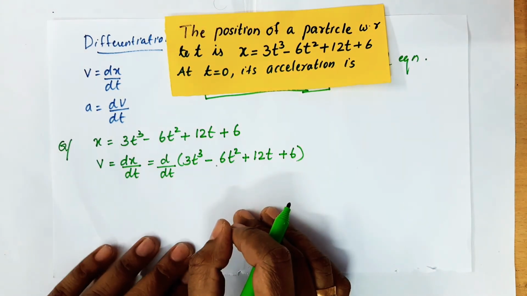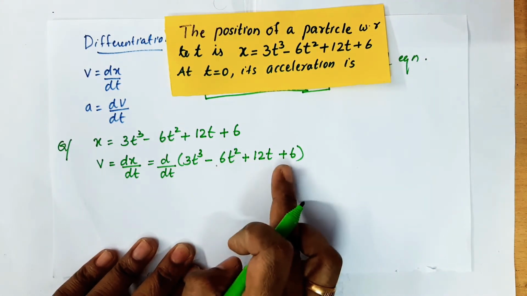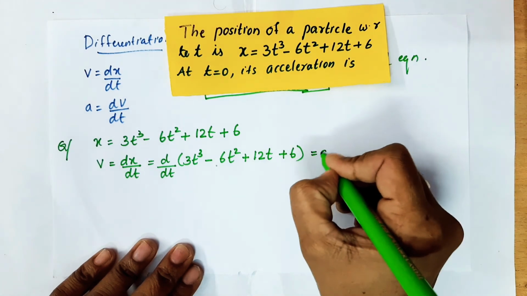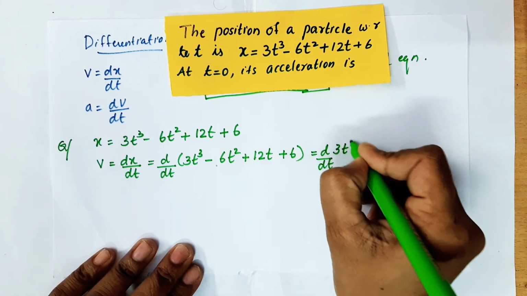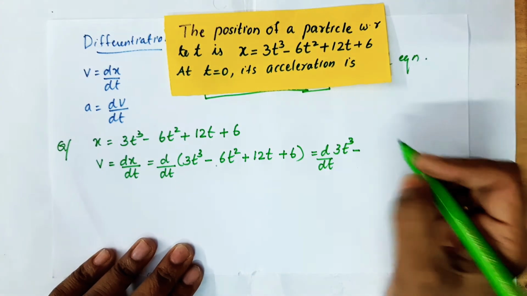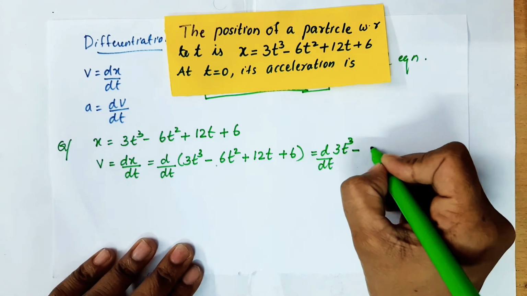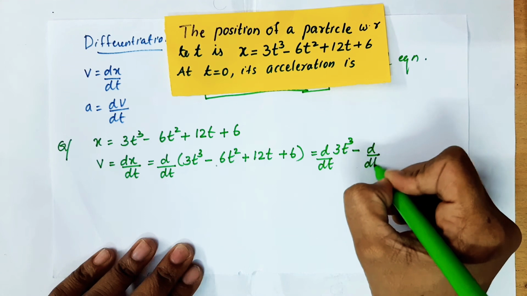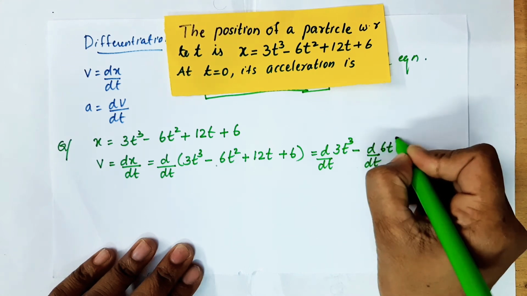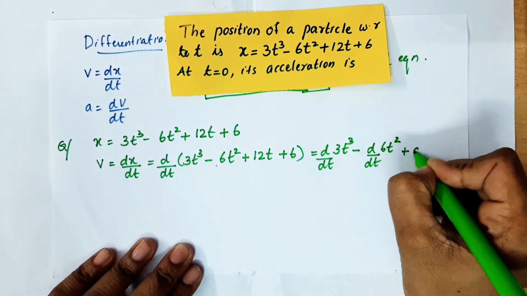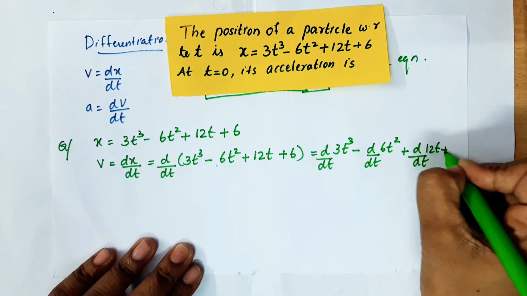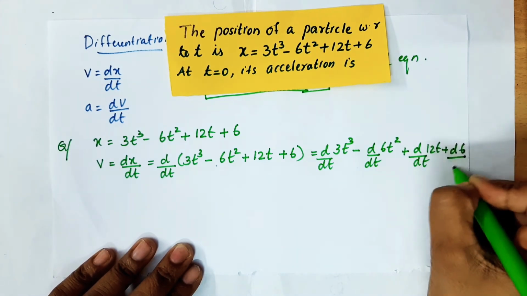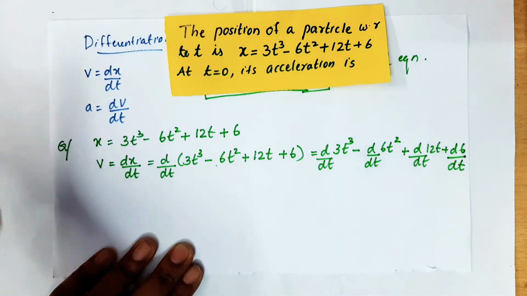As there are 4 terms, I am splitting this: d by dt of 3t cubed minus d by dt of 6t square plus d by dt of 12t plus d by dt of 6.